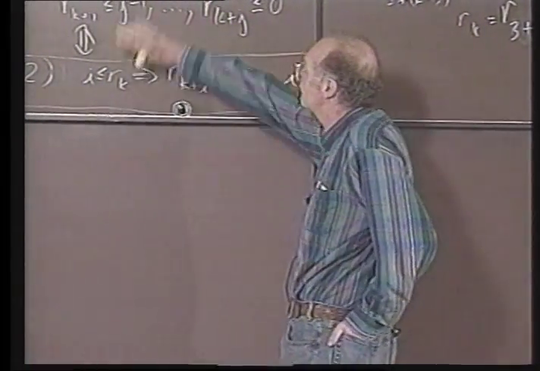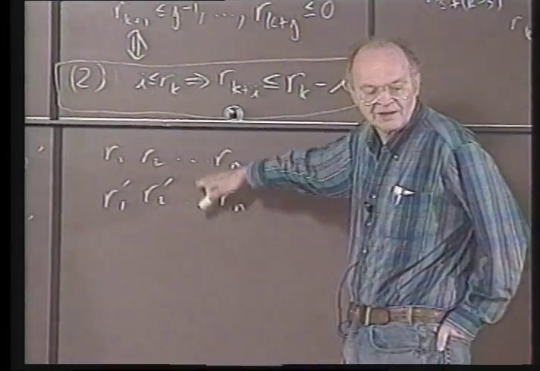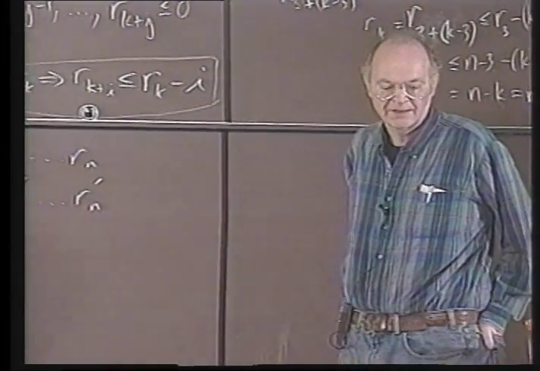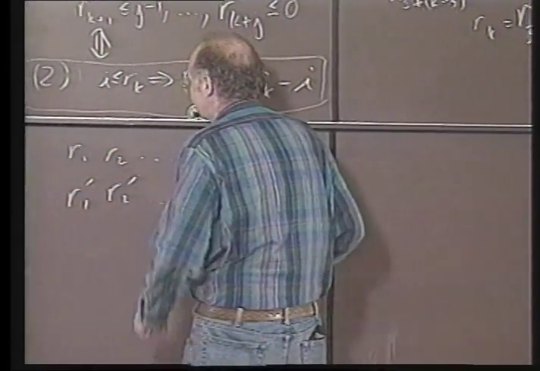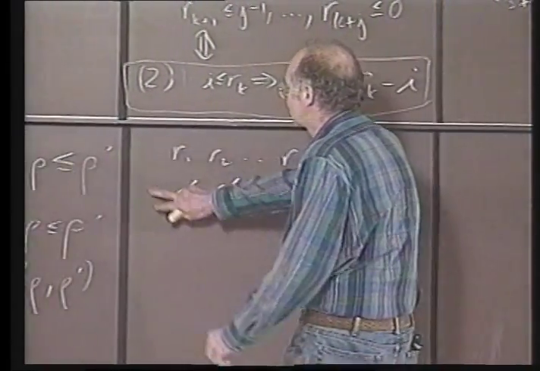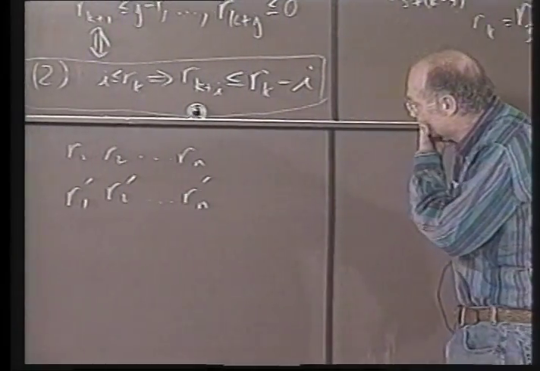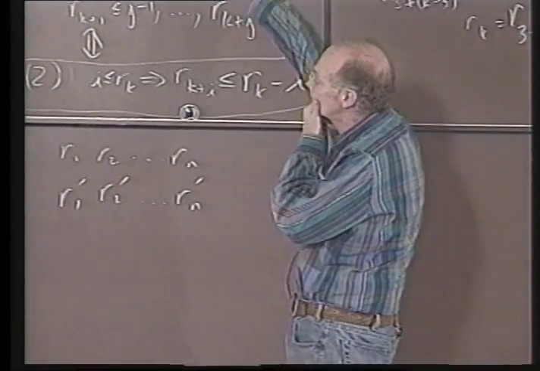First of all, suppose I have a sequence R1, R2, Rn, and another one, R1 prime, R2 prime, Rn prime. So these are two encodings of binary trees. It's equivalent to saying a binary tree is given by a sequence of numbers. This is rho prime. And so this satisfies conditions 1 and 2.